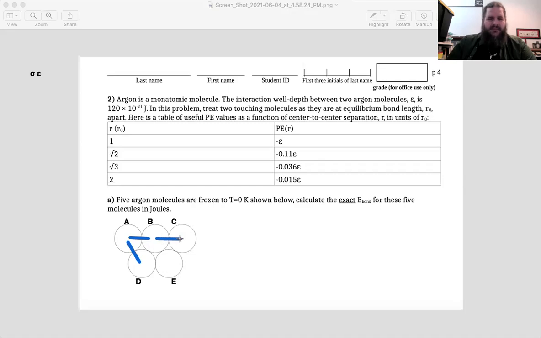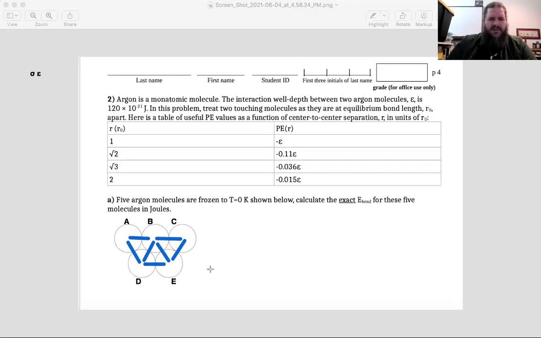B to C, B to D, B to E, and C to E. I think that's, do we have any more? Yeah, D to E as well. Those are nearest neighbors.